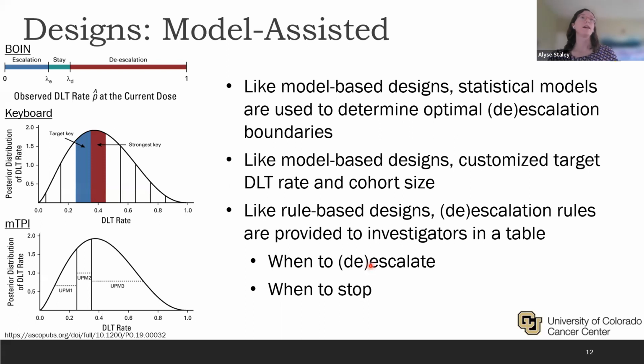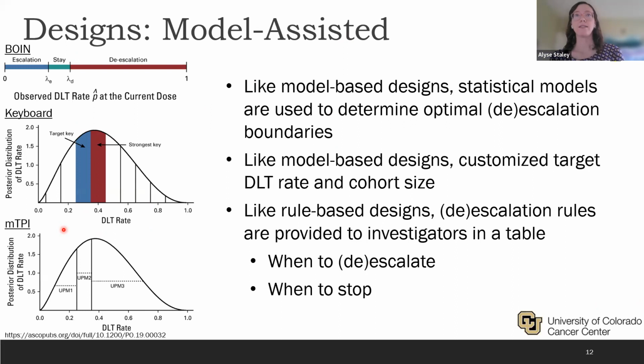Finally, there are the model-assisted designs that include BOIN, as well as some alternatives that work pretty similarly. So that's the keyboard, MTPI design, as well as MTPI2. Like model-based designs, statistical models are used to determine the optimal escalation and de-escalation boundaries for model-assisted designs.